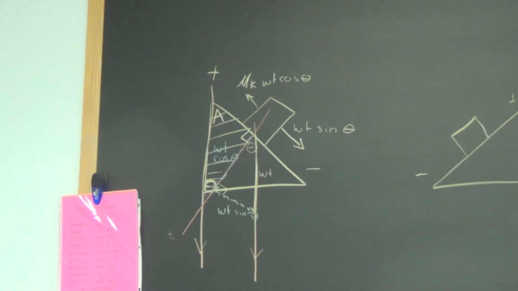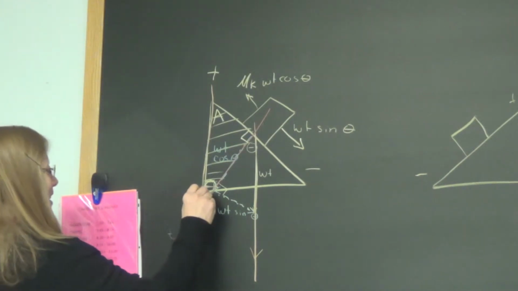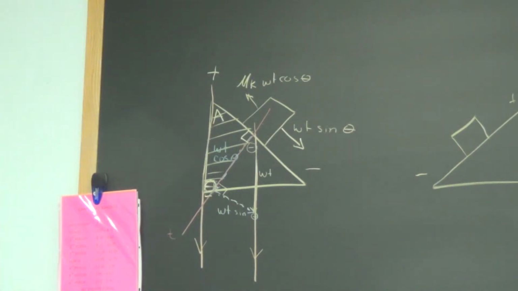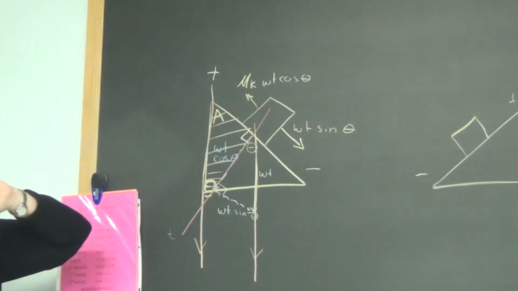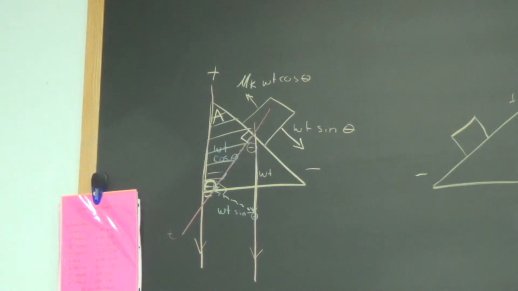May I use that word? Similar. Can I find a triangle that's similar to this triangle that I striped? The one with the orange side, the pink side, and part of the side from the inclined plane. Well, which one? Yep.